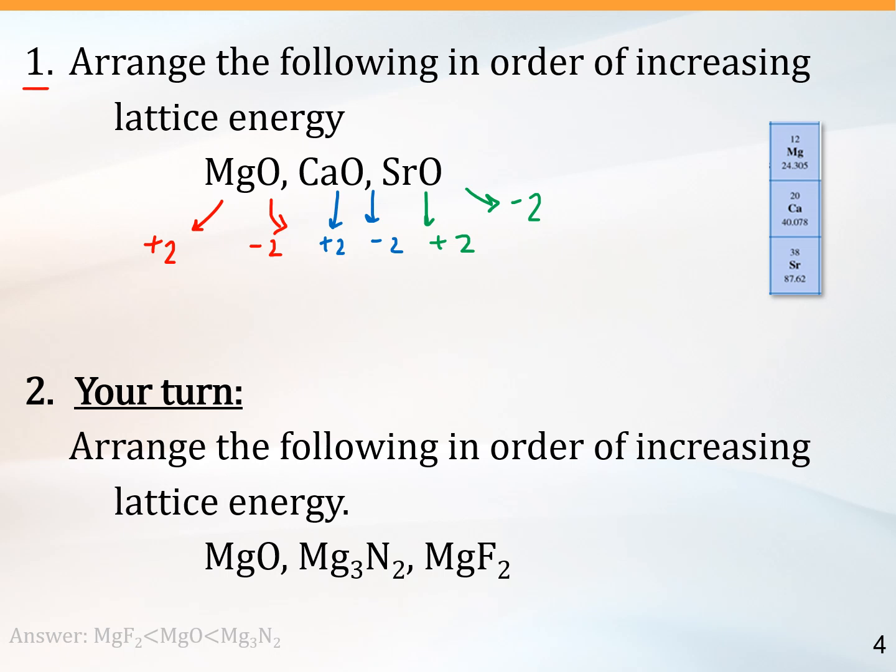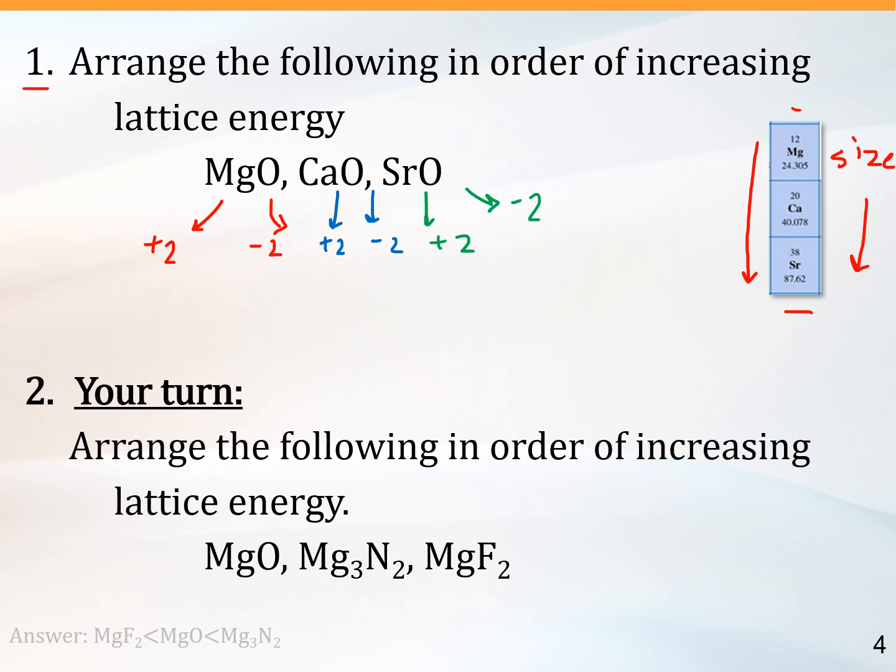So how does size change in the periodic table? Look at the sequence of these elements in the periodic table. They're in the same column, and as you go down, size increases. Which means that strontium is the largest, magnesium is the smallest.